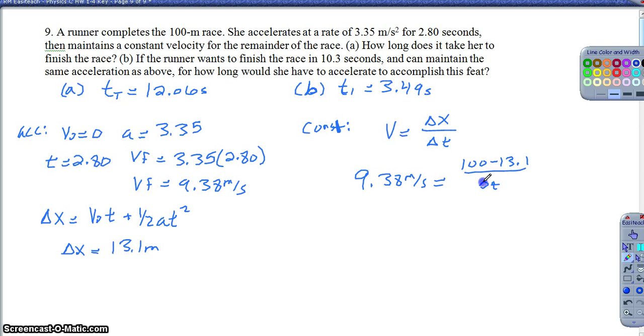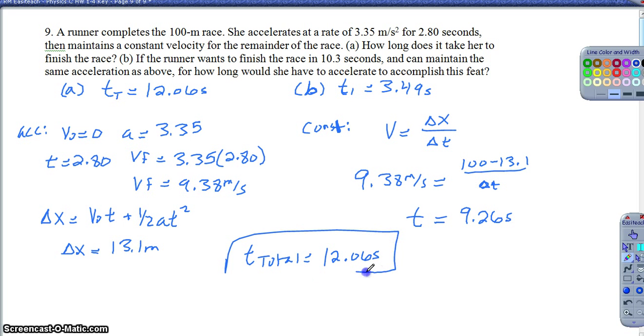It's pretty easy: multiply both sides by t and then divide both sides by 9.38. So my time for that portion is 9.26. So it took her 9.26 seconds at constant velocity, plus 2.8 seconds to reach that final velocity. That's where I got the total time to be 12.06.